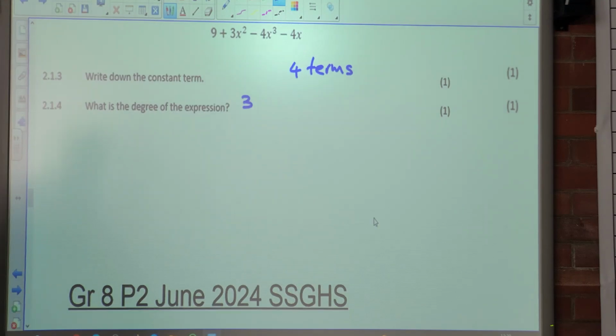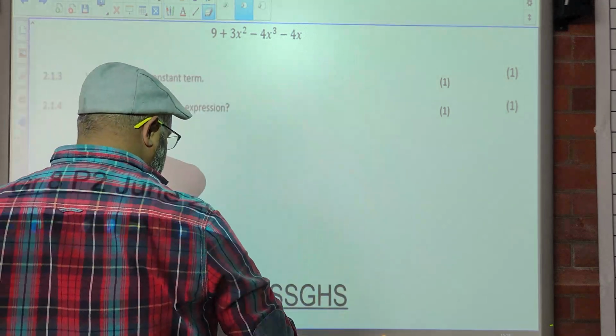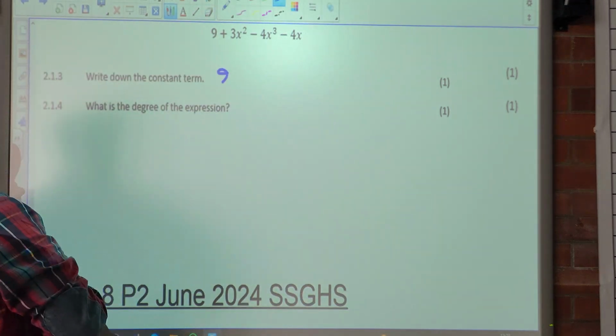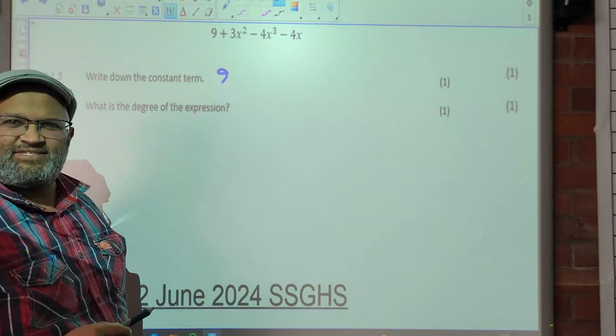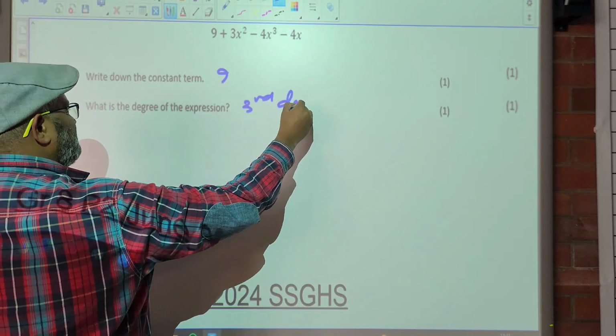Next question says, write down the constant term. The constant term is a term without a variable, which is 9. What's the degree of the expression? The degree is the highest exponent on x, which is 3. So it's the third degree.